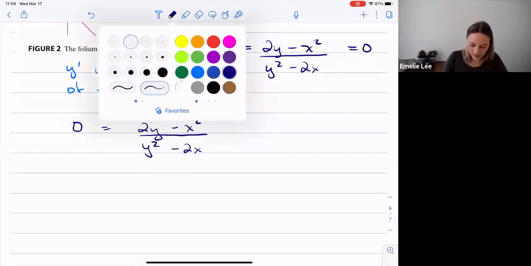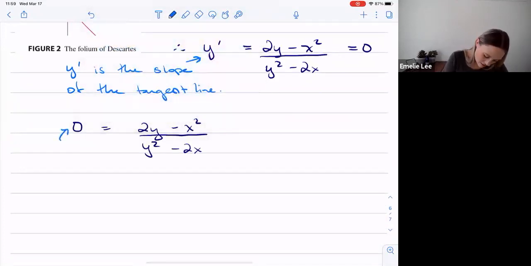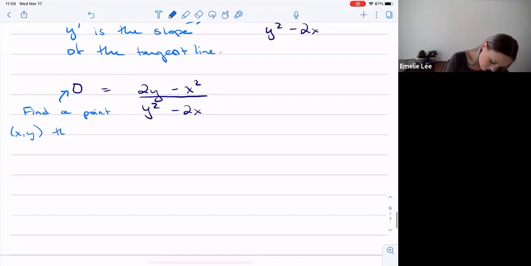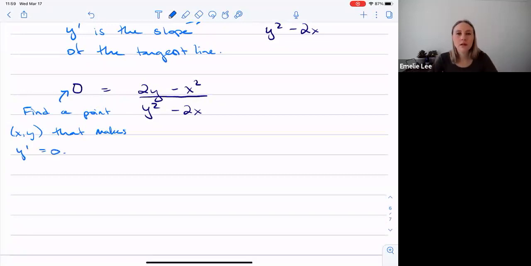What we're saying is we want to find a point xy that makes the derivative 0. That makes y prime equal to 0. So there are no derivatives here, but we do need to rearrange and solve for x and y.